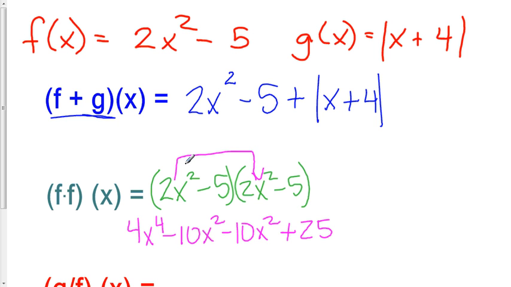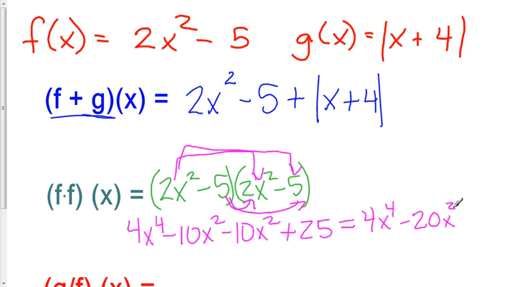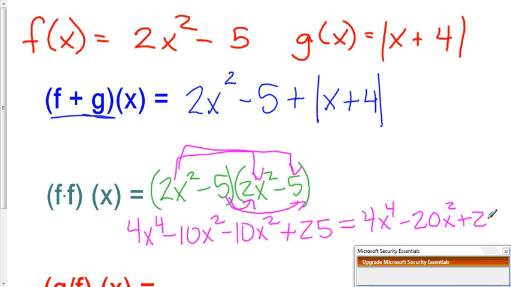That's 4x to the 4th, negative 10x squared, negative 10x squared, plus 25. And now we can combine the two like terms to get a final answer of 4x to the 4th minus 20x squared plus 25.